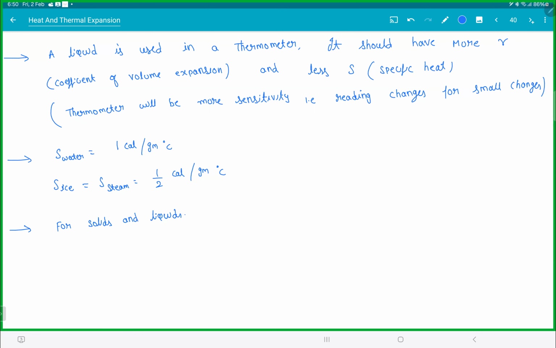For solids and liquids, we use dQ = msdT. For gases, we can use this, but it's not preferable. People like to use dQ = nCdT. T is temperature in Kelvin.